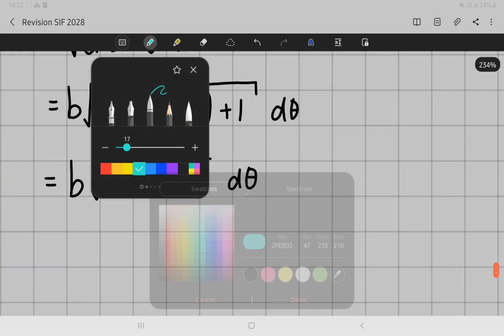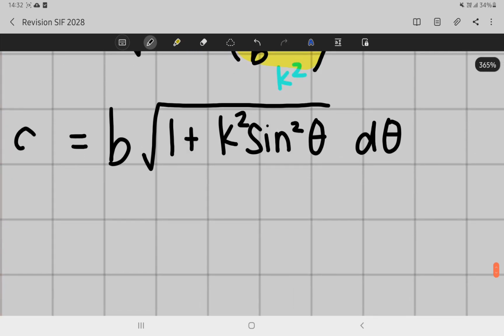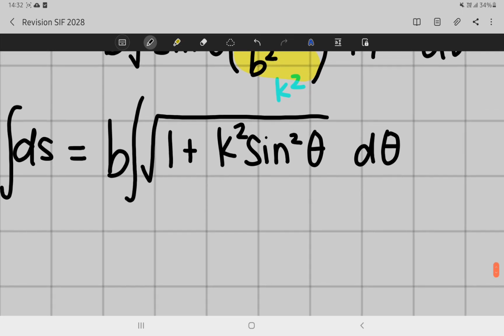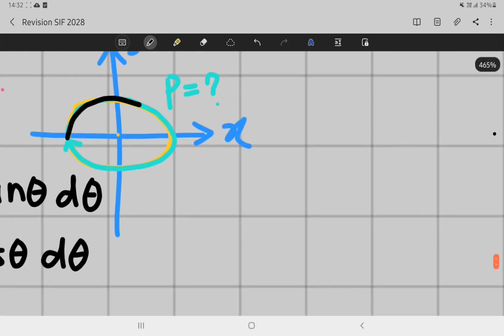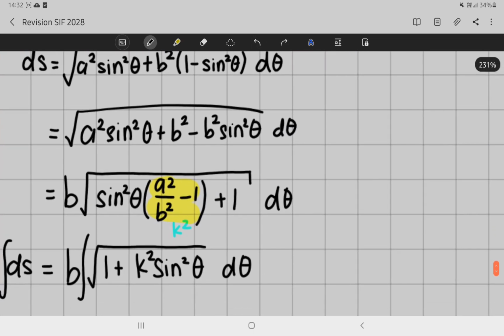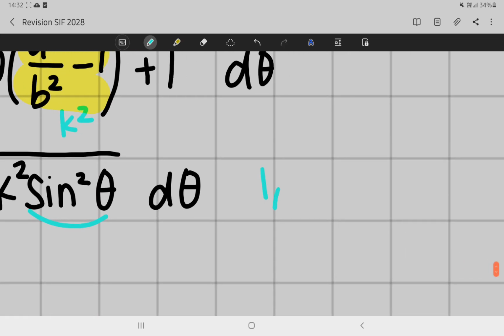Remember, this is not our final answer because this is in the form of ds. So we need to integrate from 0 to 2 pi, because our ellipse goes from 0 until 360 degrees, which is 2 pi. But you need to remember that sine is a sinusoidal function, ranging from 1 to 0 to minus 1.